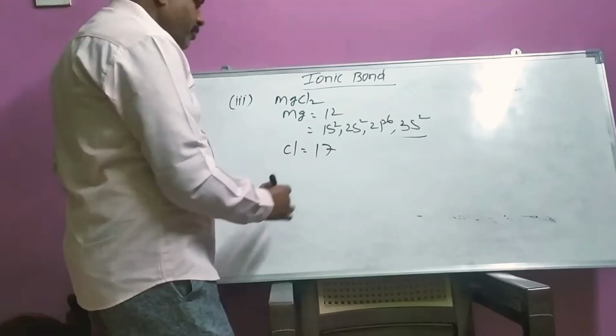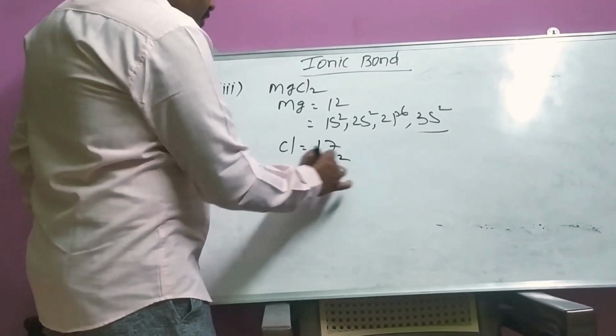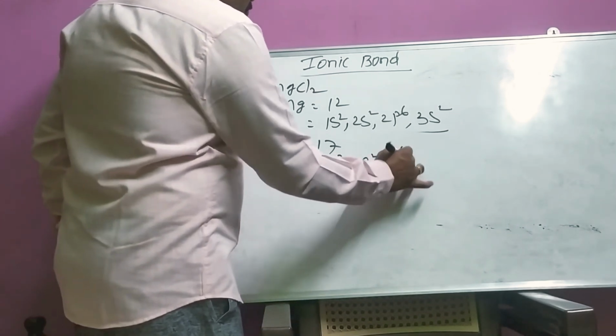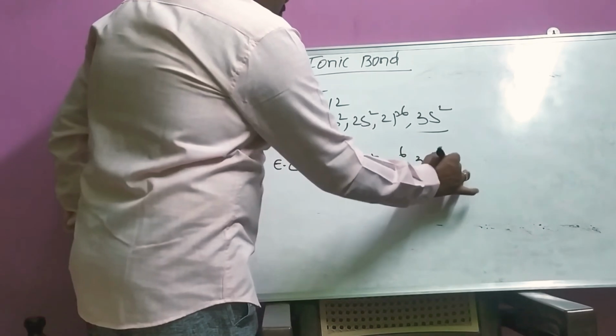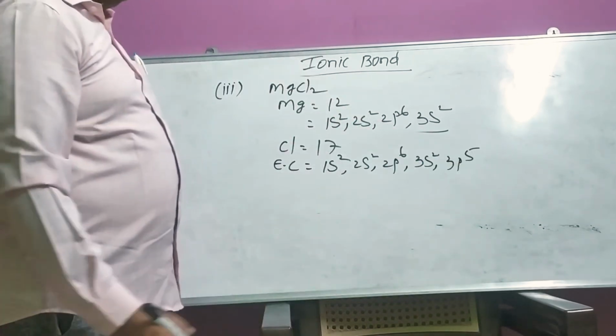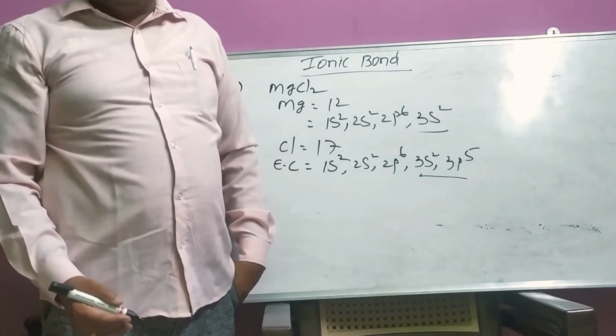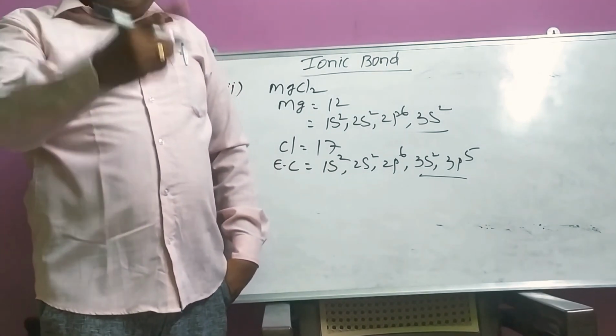Take chlorine, atomic number is 17. Electronic configuration is 1s2, 2s2, 2p6, 3s2, 3p5, my dear children. In outermost orbit, there are 7 electrons. It requires 1 more electron.